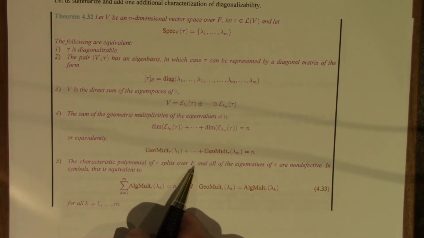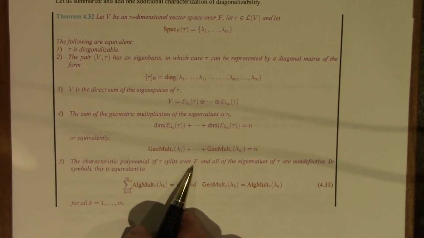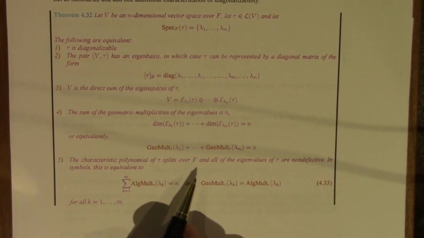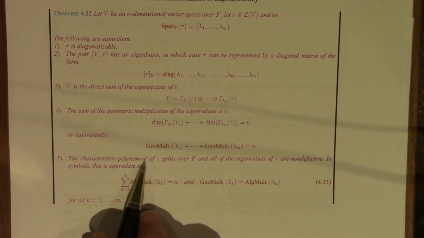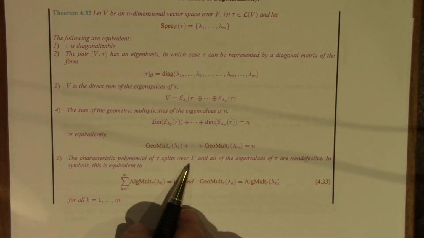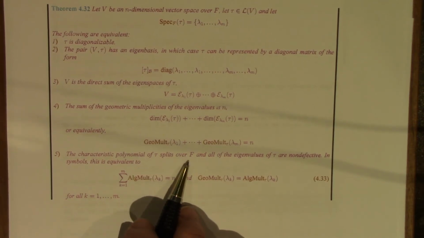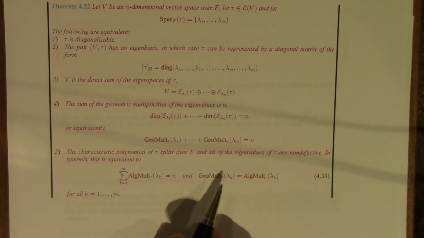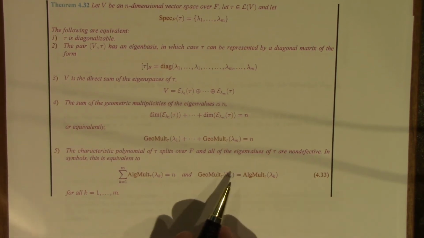And so if the base field is the real numbers, we're going to run into significant problems there. If the base field is algebraically closed, then this presents no problem, such as would be the case for the complex field. But there is this issue of the non-defectiveness of the eigenvalues.